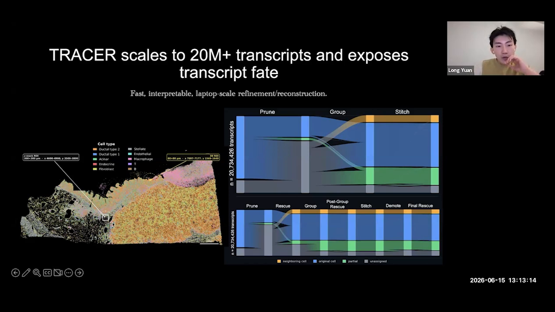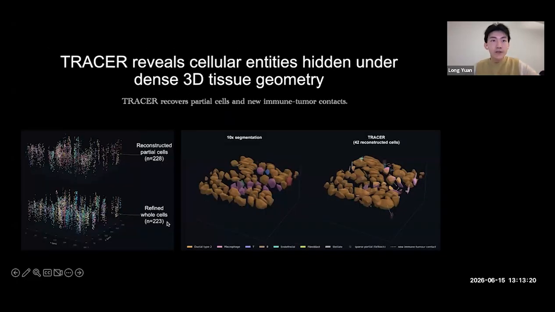And here I'm going to focus on two regions of interest, two ROIs. In the first ROI on the left, both refined whole cells and reconstructed partial cells form structured transcript clouds rather than diffuse noise. That's the first sanity check. These are spatially coherent entities. And on the right, after Tracer, we recover immune partial cells covered by the white mesh grids that were not represented as separate cellular entities in the original 10x segmentation.